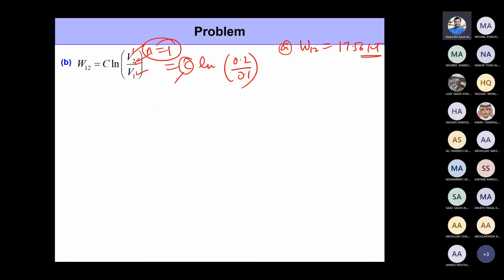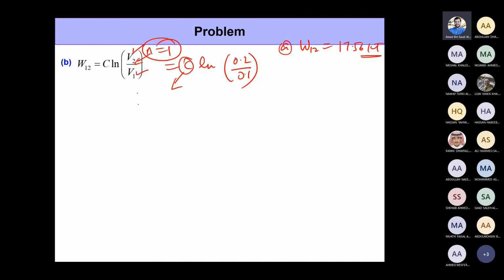Now the question is, what is the value for C? Any ideas? It's P1 V1 to the power n. It should be equal to C. Excellent.